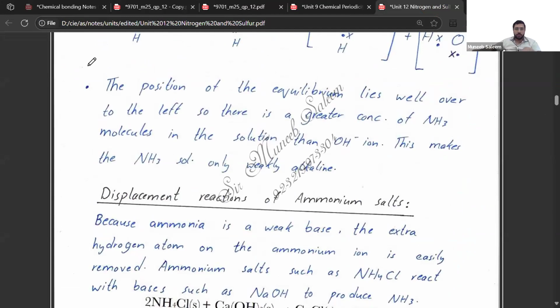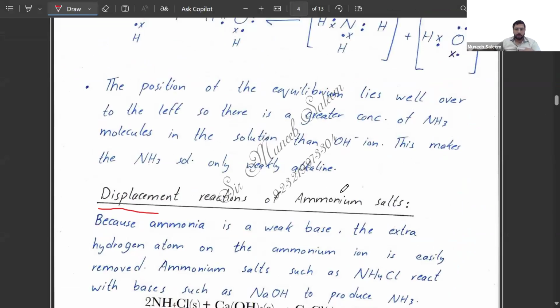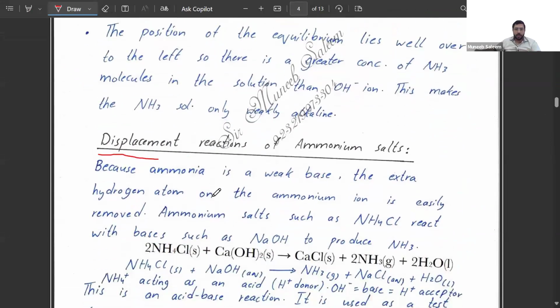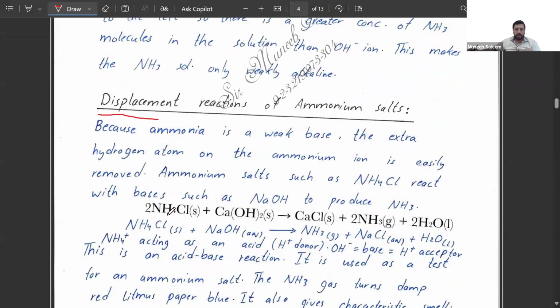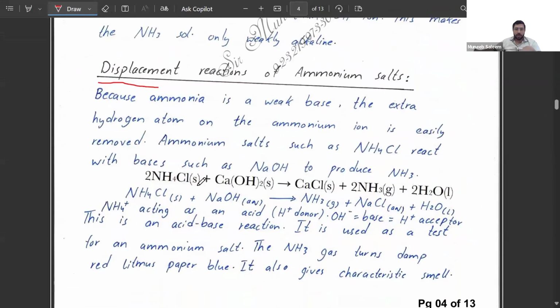Here in my notes, the topic is basically the displacement reactions of the ammonium salts. Now here we can see that the salt of the ammonium ion, when reacting with calcium hydroxide, will produce the salt, which is calcium chloride, plus ammonia and water.